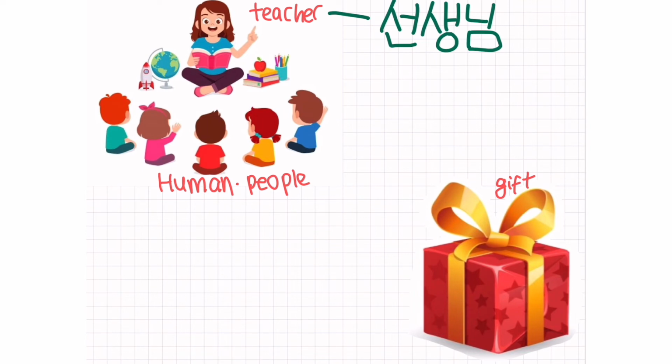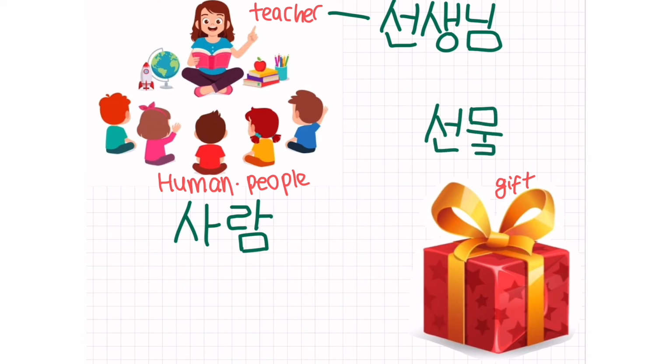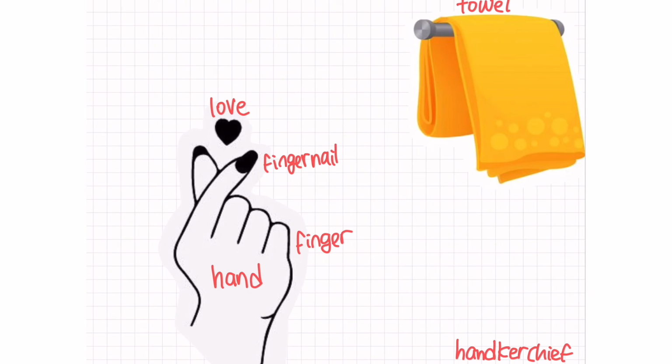Human or people is 사람. 사람. Gift is 선물. Love, right? Love is the key to life, and we say 사랑.